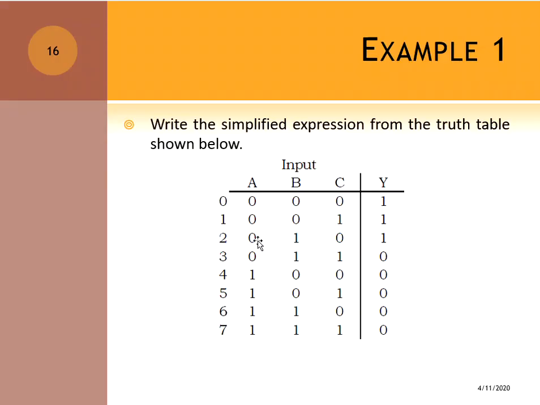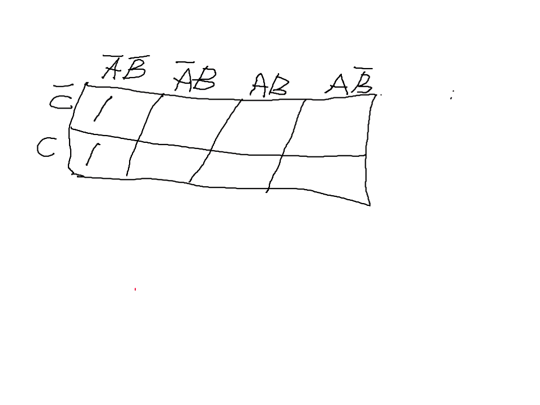Next, A bar, B, C bar. Next, we draw the loop for the adjacent cells containing 1. Next, we find the common term.